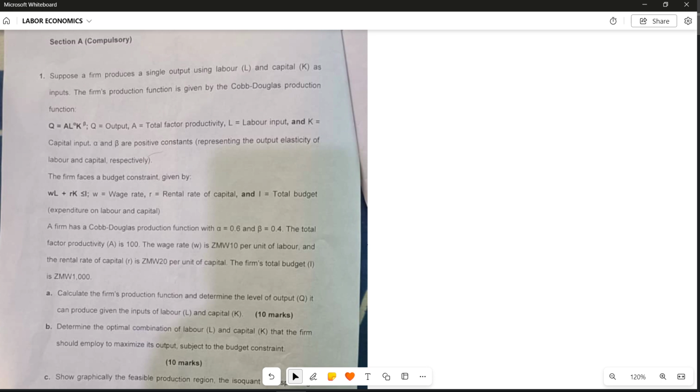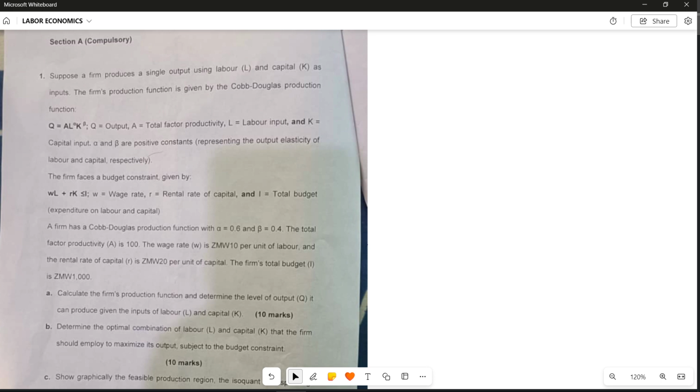Now, what is a production function? A production function is just a relationship between inputs and output. How many units of inputs do you need to produce a certain level of output? That relationship between the inputs and the output is captured by the production function.